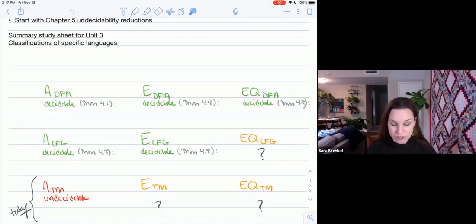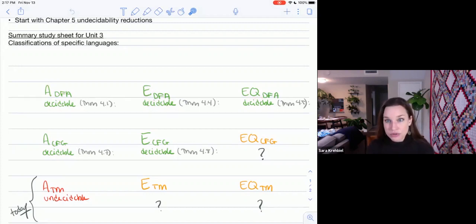So we have this for DFAs, we have it for CFGs, and then today we're going to start talking about it for Turing machines. We also have this empty type of language, where I say, given just an encoding of a machine of a particular type, is it the case that that machine doesn't accept any strings? Is it the case that the language of that machine is the empty set?